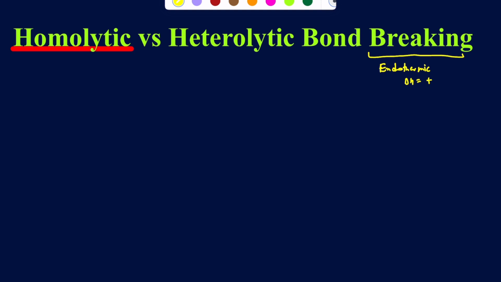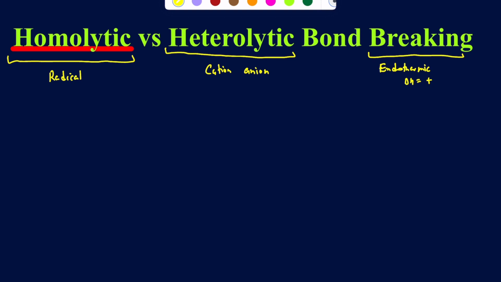Now, what's really the difference between the homolytic and heterolytic? Some of the key differences: in heterolytic bond breaking, you make a cation and an anion, so another way of saying you're making ions. But in the case of homolytic, you make radicals.